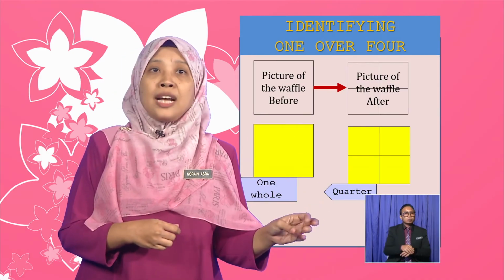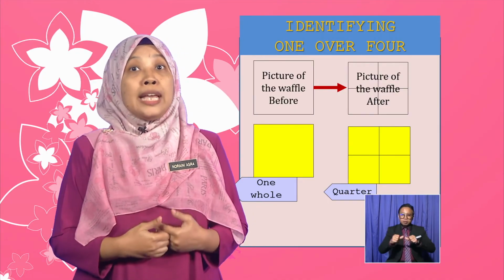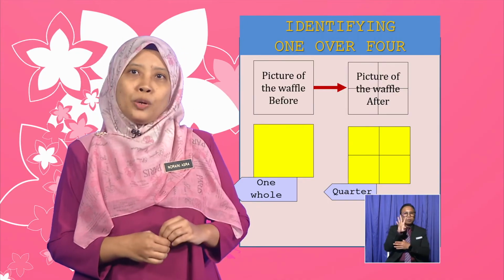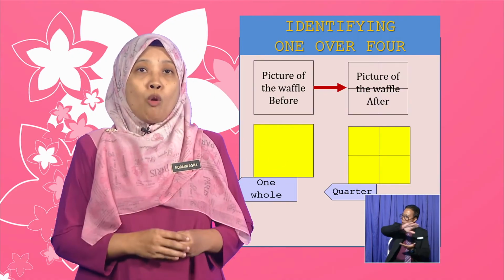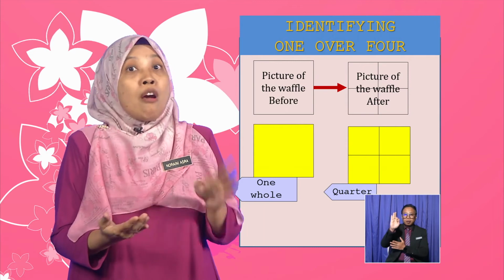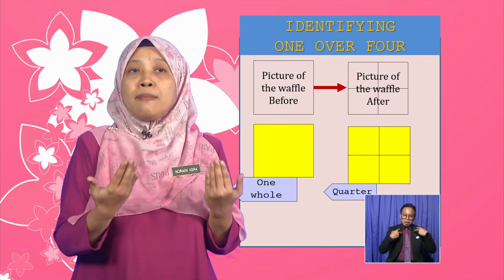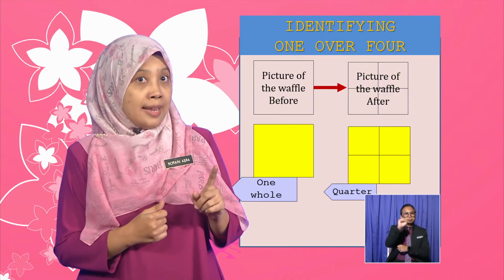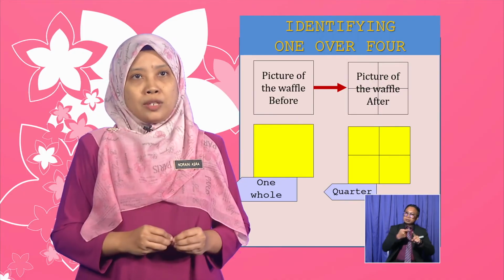During the waffle cutting activity, I cut the waffle into 4 equal pieces. From a whole piece of waffle, it becomes 4 small pieces that have the same size. Hence, you are introduced to a quarter.